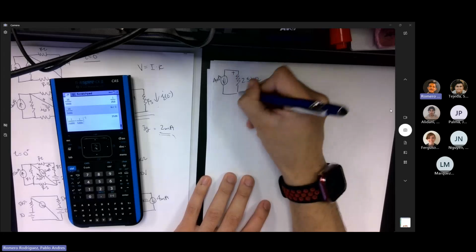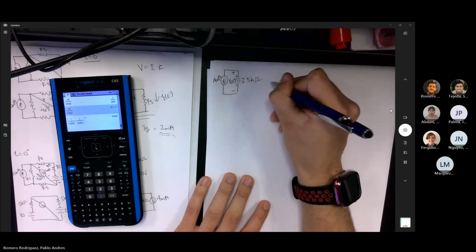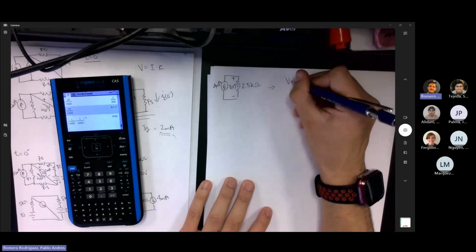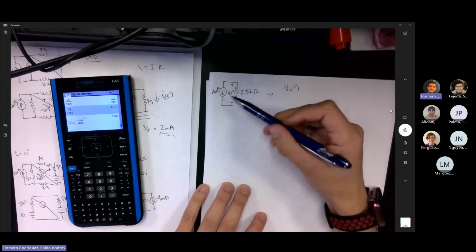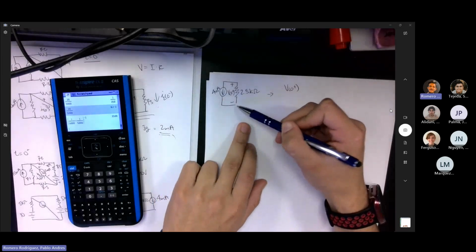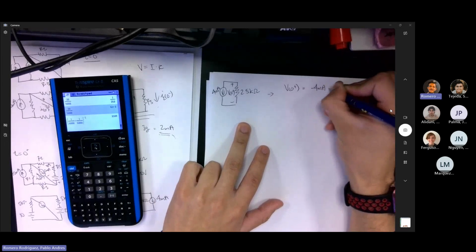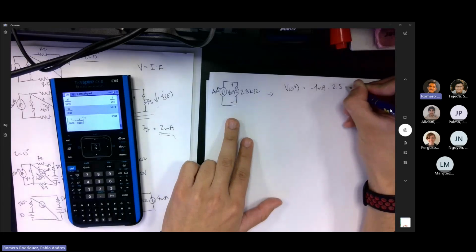And I'm trying to find this voltage, right? V0 plus. Notice that this current is technically going against this current, right? Because it's being fed up against it. So it's going to be -4 milliamps times the value of that resistor.